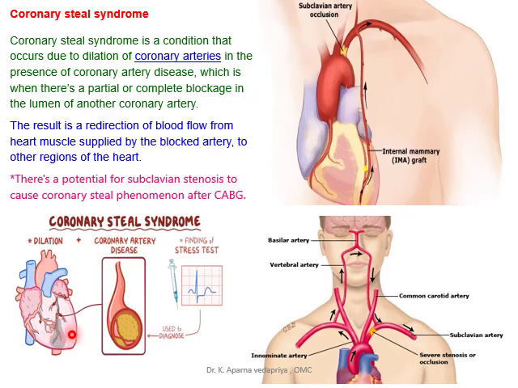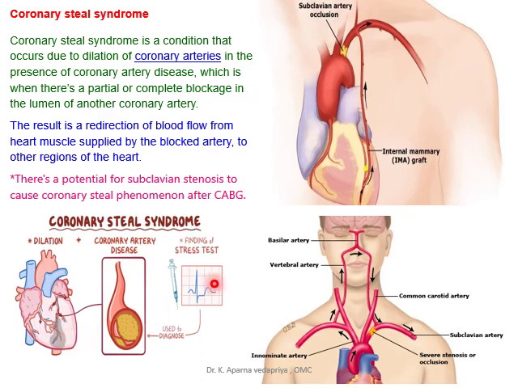So there is a redirection of blood flow from the heart muscle supplied by the blocked artery to the other regions of the heart, precipitating this aspect more. So that is the coronary steal syndrome.